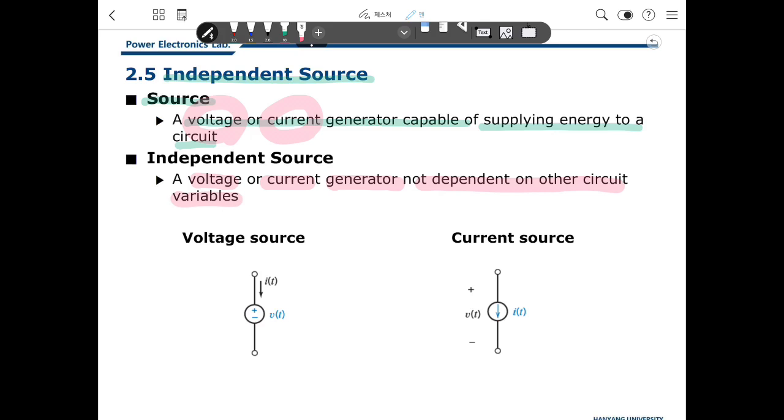The voltage and current are supplied with some values or some waveform, not dependent on the other circuit variables.